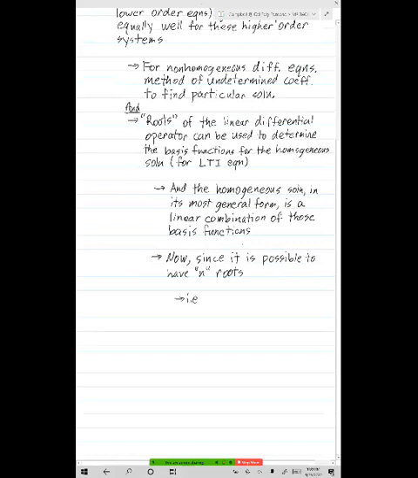So expressing this, assuming a linear differential operator, we have d plus r1 times d plus r2, all the way on out to d plus rn, all of that times x is equal to 0.